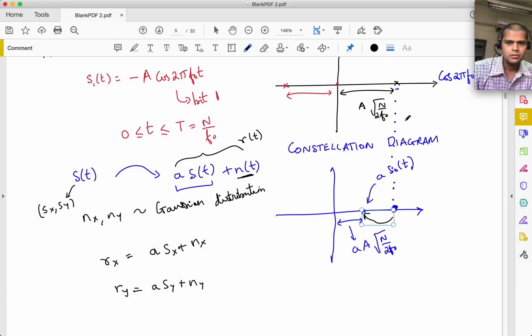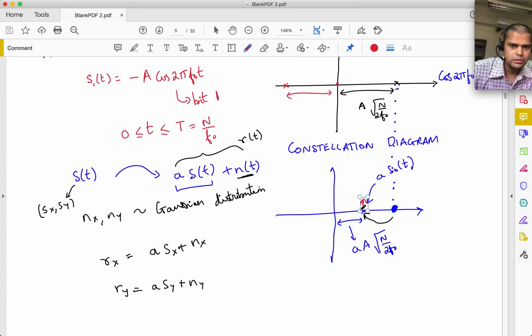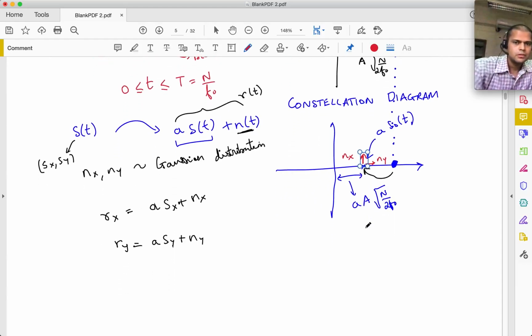Let me write that over here. The noise is going to push this in both directions. There's going to be an Nx component and an Ny component. So finally what I might end up with is something like this.